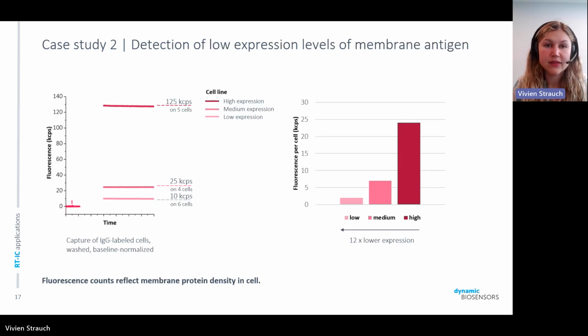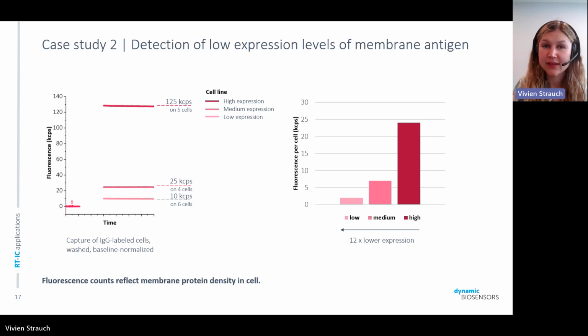And in the left graph, you can see the total count of fluorescence we measured for each of these cell lines, the low, the medium, and the high expressing cells. Now, if we calculated the full fluorescence signal to a fluorescence per cell, we received this graph, which clearly shows the differences in expression levels between the high, medium, and low expressing cells.